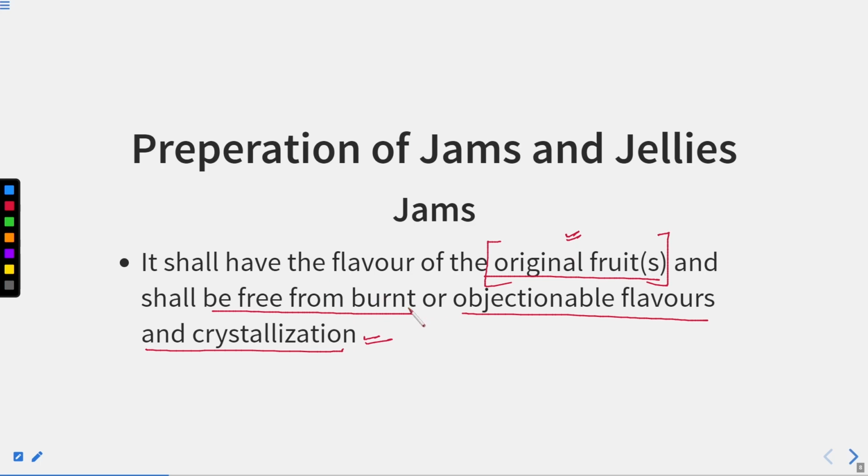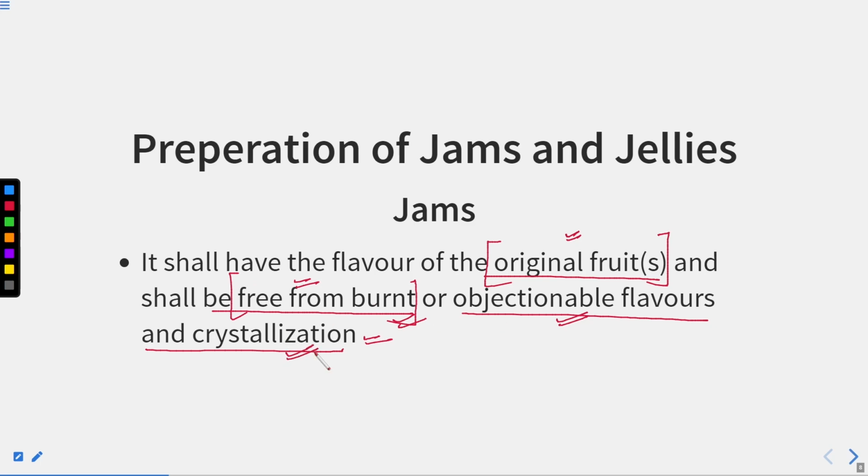And it shall be free from burnt or objectionable flavors, because we boil this fruit tissue or fruit pulp. So we must take care of the temperature so that the fruit pulp does not get burned, or otherwise the flavor of the fruit will be changed.